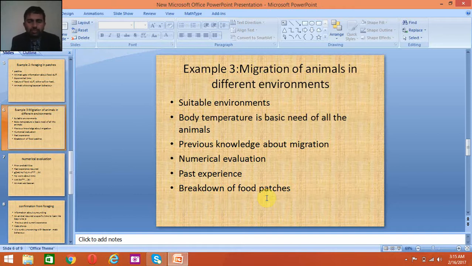For this purpose, it all depends upon their previous knowledge. Numerical evaluation shows that it totally depends upon their past experience, or the breakdown of food patches, and it also depends upon their observation in that particular environment.